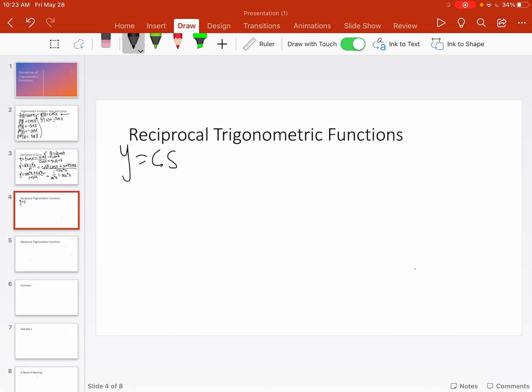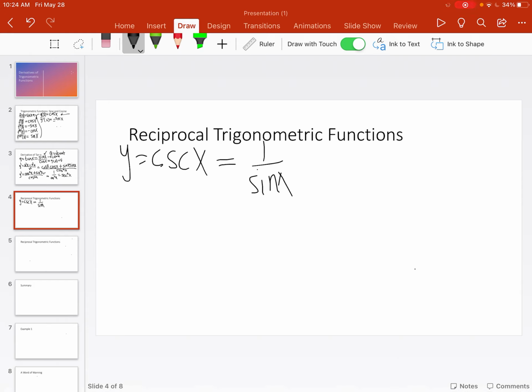So y is equal to cosecant x. And, using our trig identities, what can we rewrite this as? Well, we can rewrite this as 1 over sine x. So notice one thing. We're just going to keep playing with sine x and cos x, rewriting all of the other trig functions in terms of sine x and cos x, because all of these depend on sine and cosine.